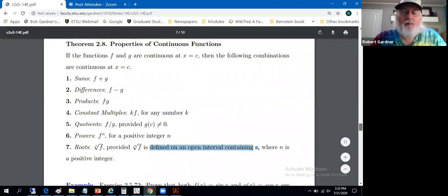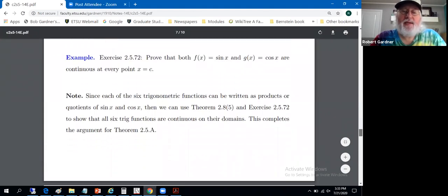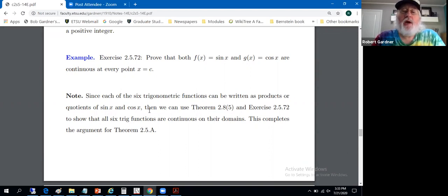So now, with this observation of continuity of sine and cosine, we can say all 6 trig functions can be written in terms of sines and cosines using products and quotients. So all 6 of those trig functions, based on what we have upstairs for properties of limits, are continuous on their domains.